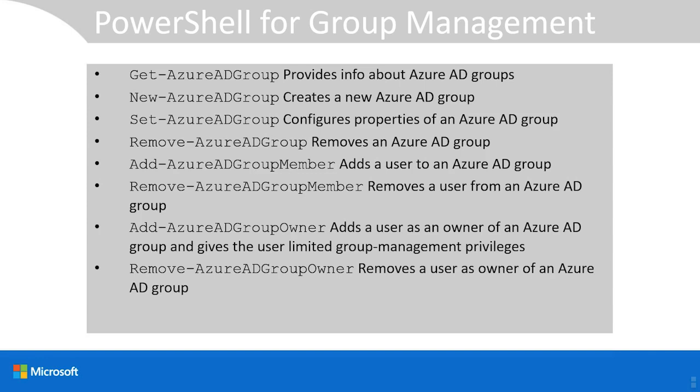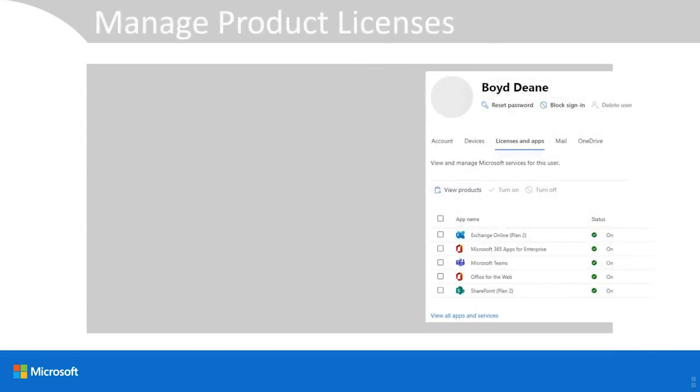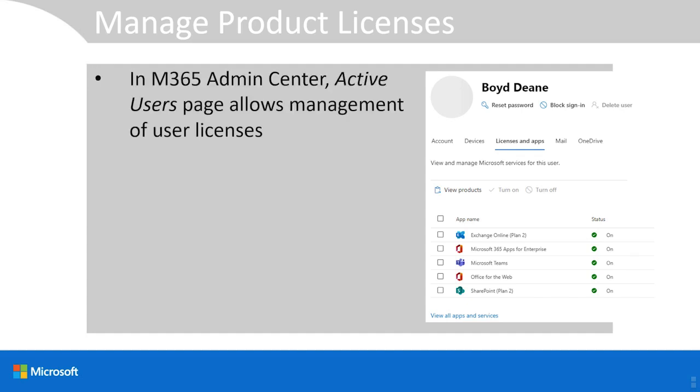The slide shows just a few of the common commandlets that allow for repeatable, script-based management of groups and group membership. Microsoft 365 product licenses can be viewed and assigned via the Microsoft 365 Admin Center. From the Active Users page, you can select a user and then view that user's Licenses and Apps page to see which products that user is licensed for.